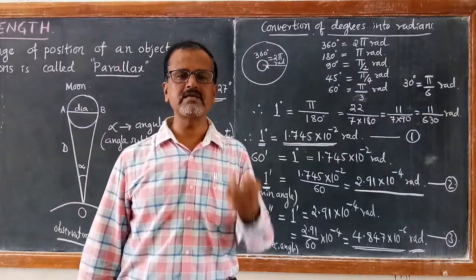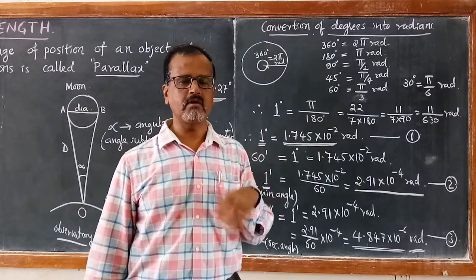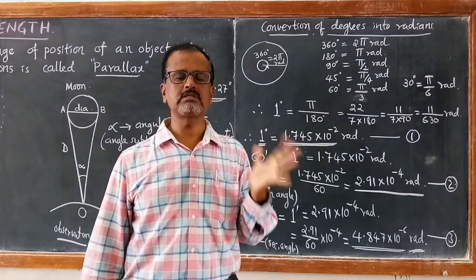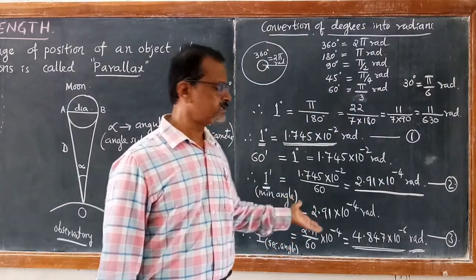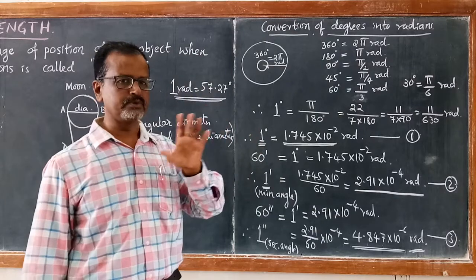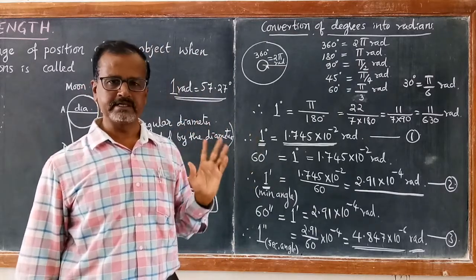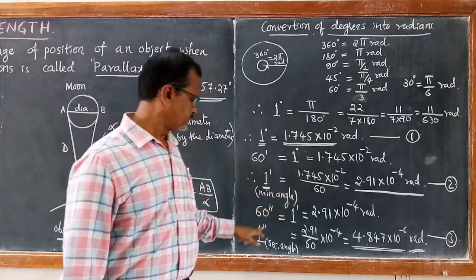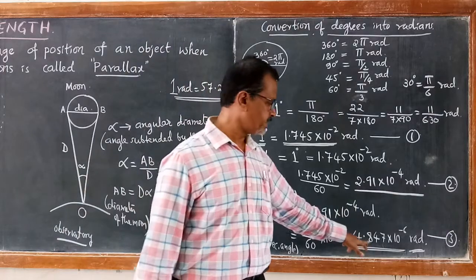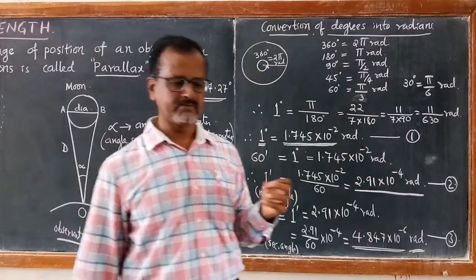While we measure the distance and diameter of a particular planet, or the diameter of a moon or sun, we need to remember these conversions, because usually we measure the angles in degrees. Degrees must be converted into radians. If it is in minutes, it should be converted into radians. If it is in seconds, then it is 4.847 into 10 raised to minus 6 radian. That will be helpful for solving the problem.